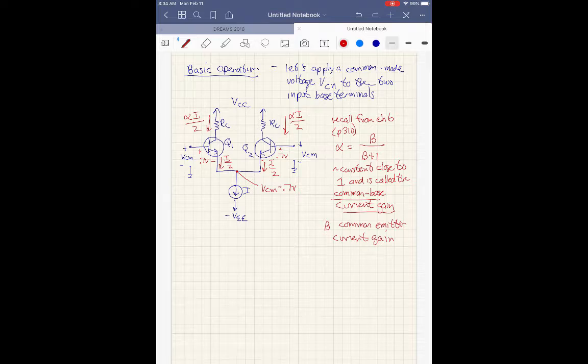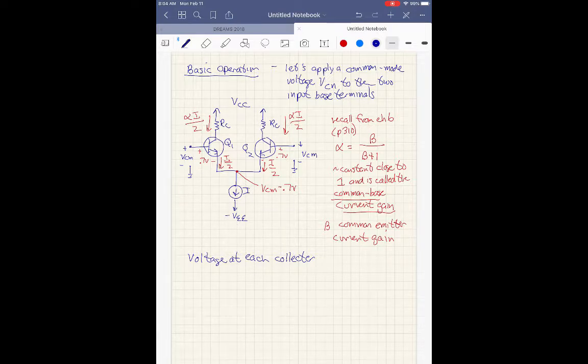Okay. Now we can say the voltage at each collector, and that's at the collector terminal of the transistor itself. So on the way I've got it drawn up here, the lower side of RC.